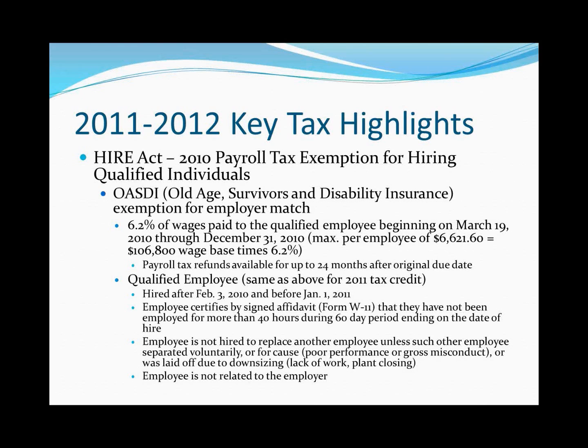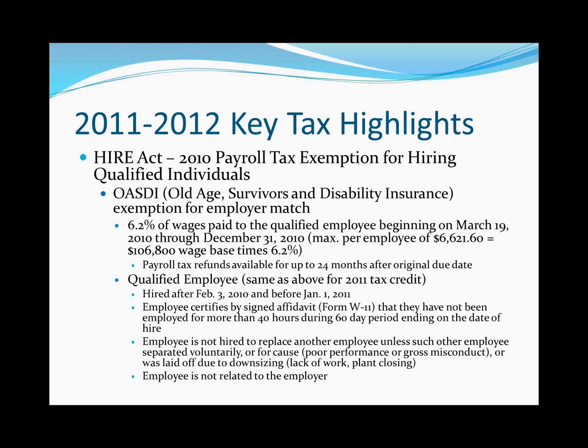So if in the 60-day period prior to being hired they worked less than 40 hours, they could sign this affidavit on Form W-11. And the employee was not hired to replace another employee unless the other employee separated voluntarily or for cause, or was laid off due to downsizing. And the employee cannot be related to the employer.